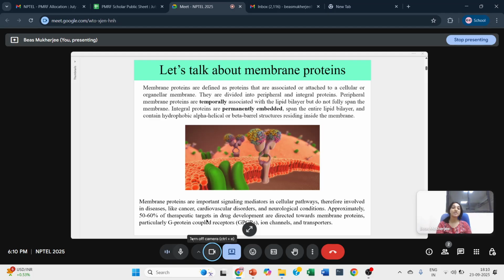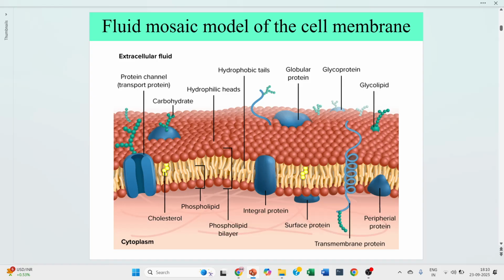When you learn about signaling pathways, you will know that G protein coupled receptors are one of the major groups of signaling cascades in our cells, and these are largely targeted by therapeutics for treatment of different diseases. Ion channels and transporters are also important drug targets. Now we'll get into this topic.